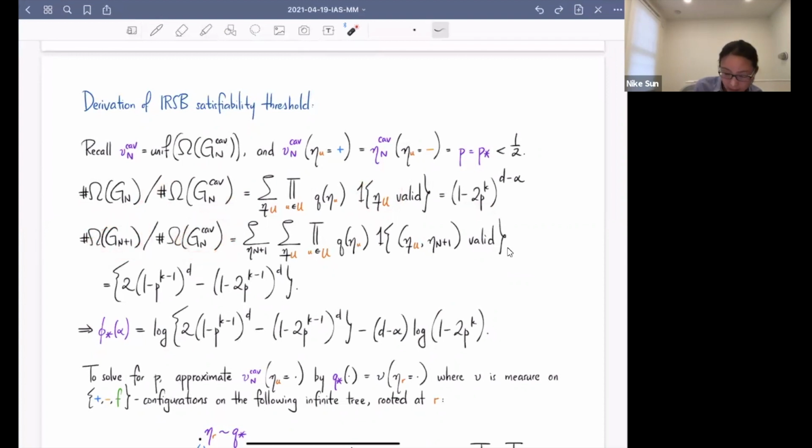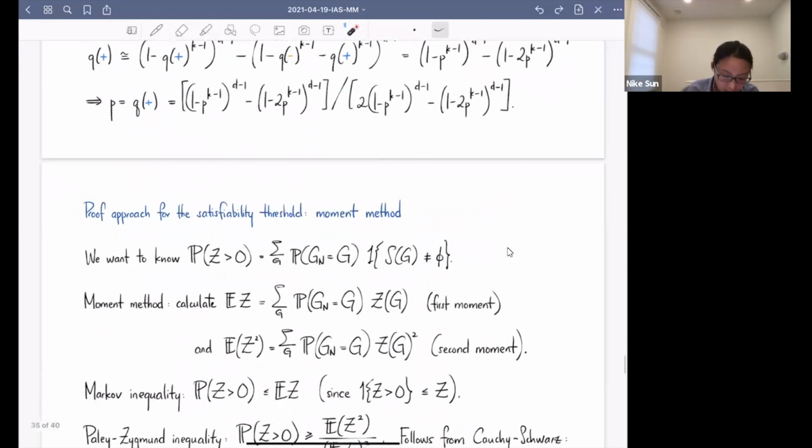Then you combine these two expressions to get phi star. The only question that remains is to actually solve for p, and this you can do by solving some tree recursions. I'm going to skip this for now and go on to the proof approach.